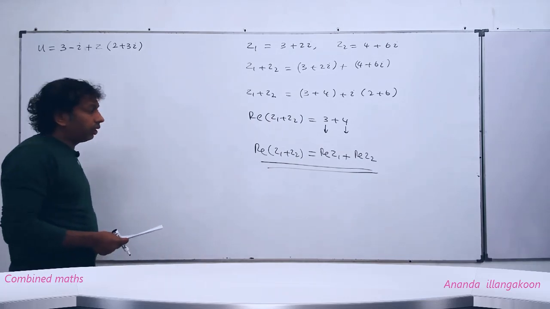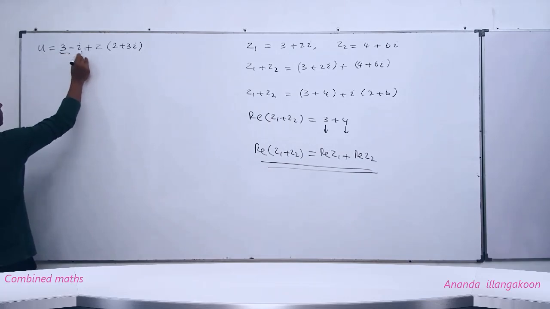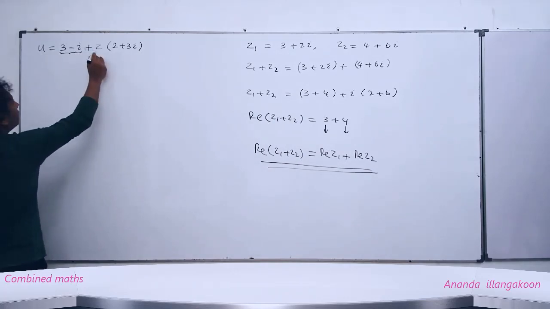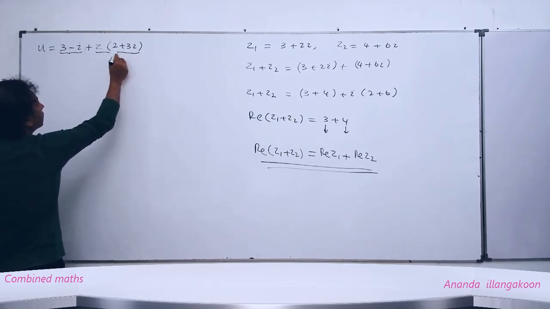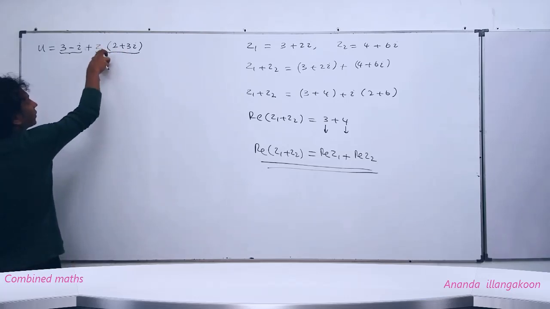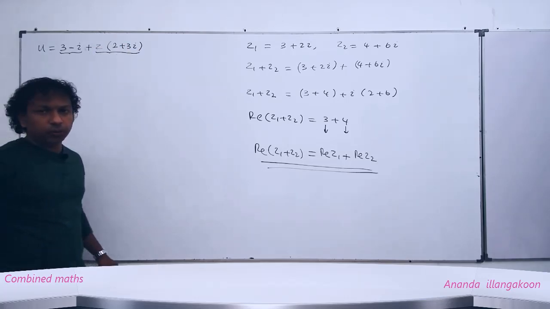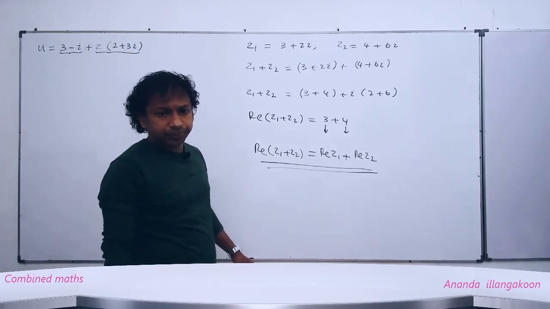Therefore, I can write here, U is a complex number. It is the sum of two complex numbers. This is one complex number and this is another complex number. Because this is a complex number, Z is a complex number, their product is another complex number. That is how we argue. We have proved them at the beginning.